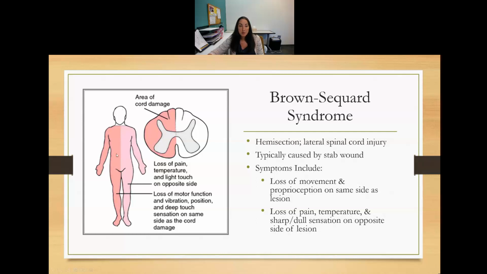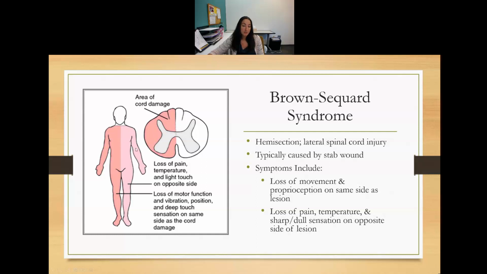But the sensory loss typically will come in and cross over within the spinal cord before it travels up to the opposite side. So that will be lost on the opposite side of the body. So if there was damage right here on the right side of the patient's body, their right-sided motor function would be gone and their left-sided sensation would be gone.